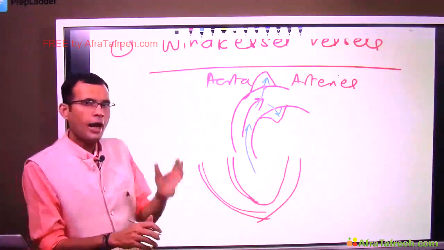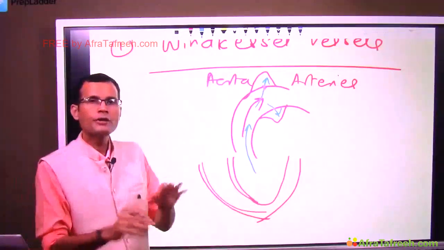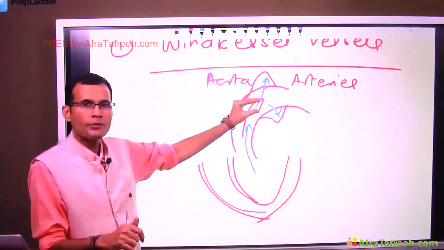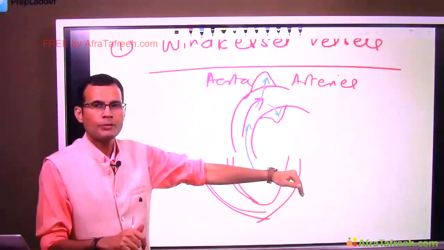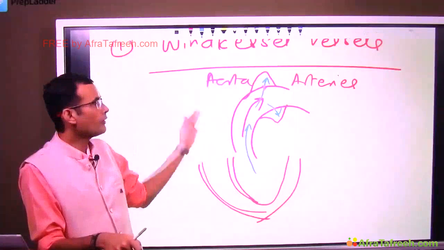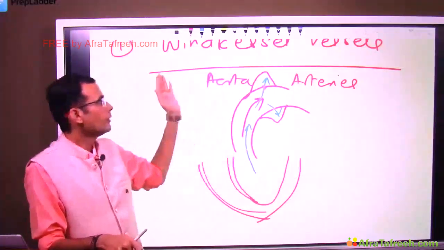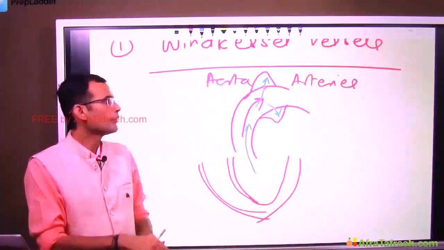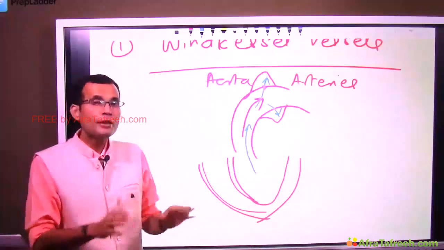As the left ventricle goes into diastole, the aorta will recoil back and push the blood forward. The potential energy stored in that blood will be converted into kinetic energy and the blood will be pushed forward. So that's the Windkessel effect.